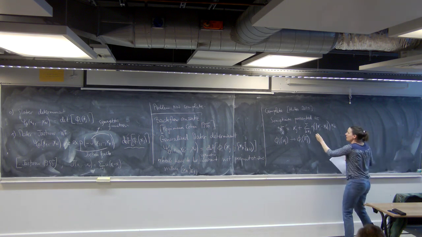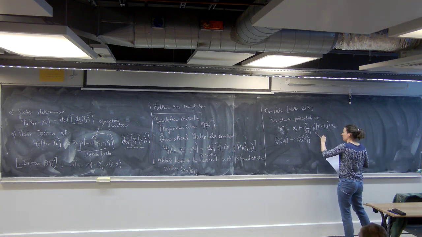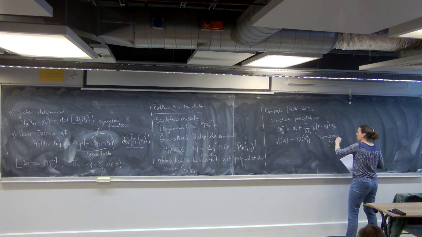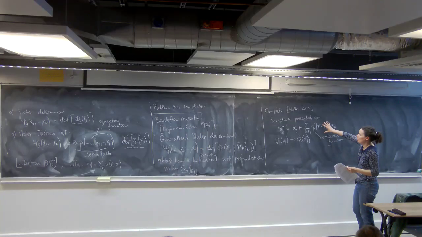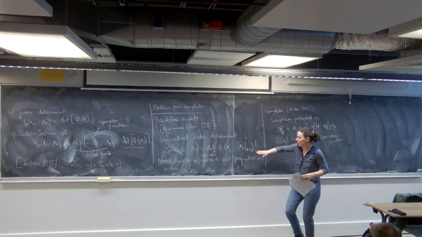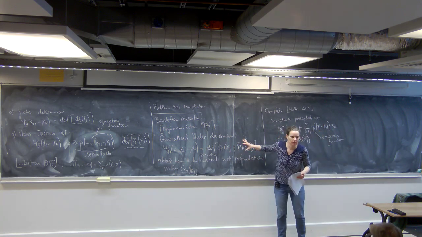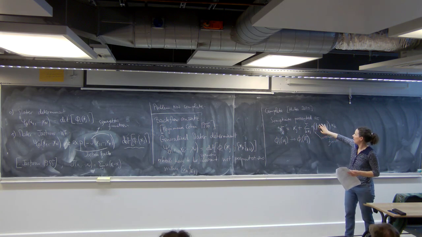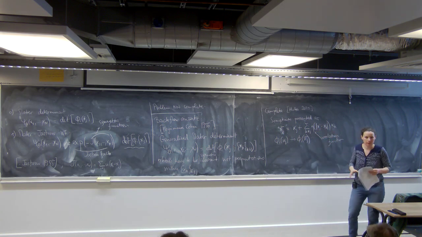And here, eta is some kind of correlation function. And so this would be somehow like a two-body extension of the orbitals, because here we only consider pairwise interactions.